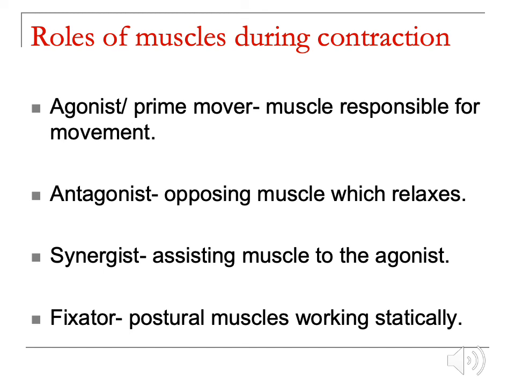And our final muscular role that can be played during a movement is a fixator. So a fixator tends to work statically to maintain posture in a certain position. More specifically, the fixator tends to stabilize the origin of our prime mover, to prevent unneeded movement in that position.